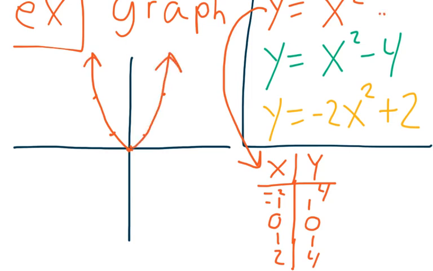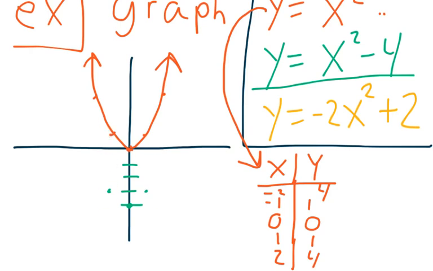The second one, x squared minus 4. Well, what's going to happen? Just move down by 4. So I'm just going to take every single point and go down by 4. So I'm going to start right there, and then I'm going to move all these points. I moved these two down by 4.